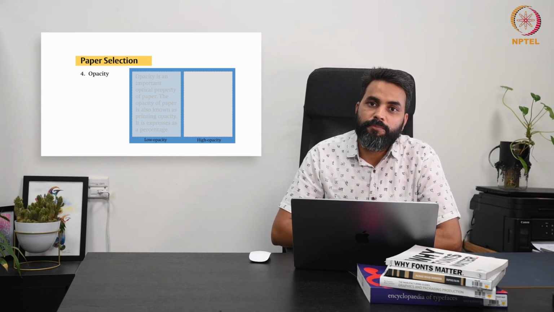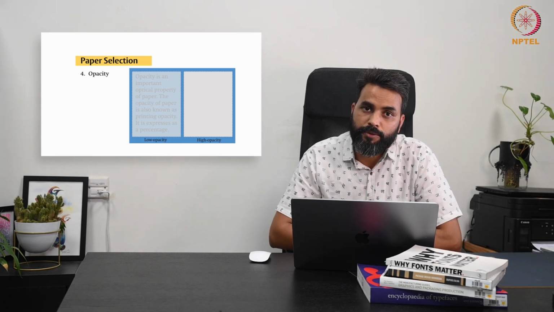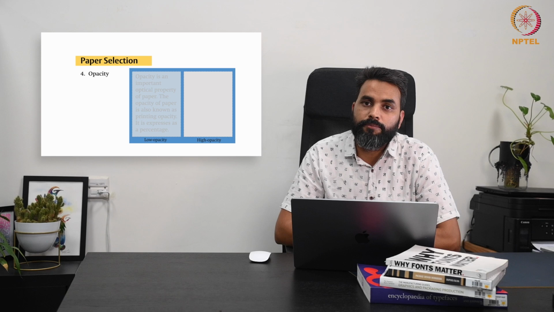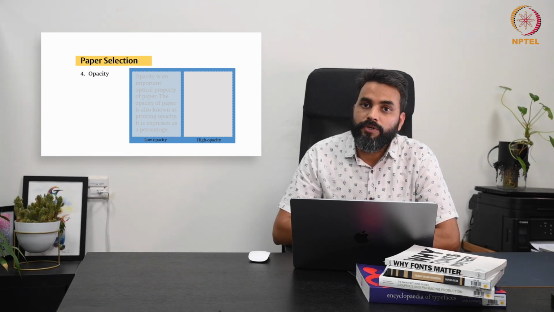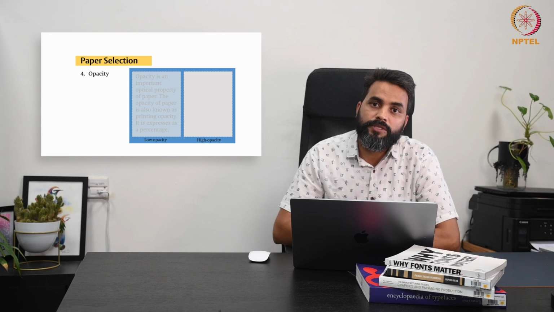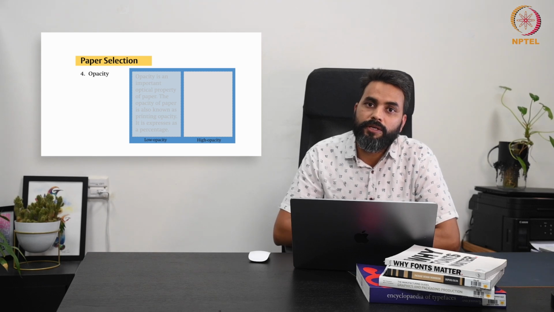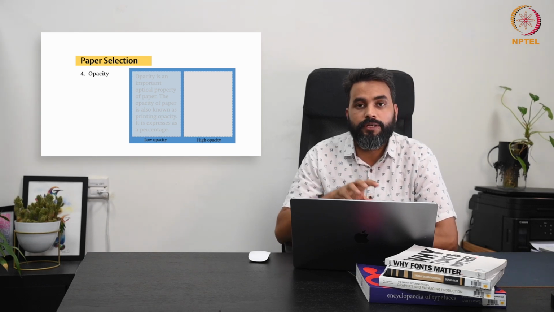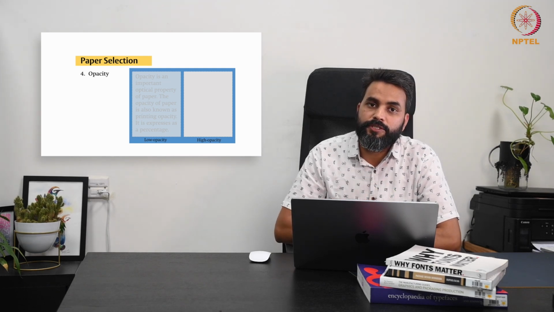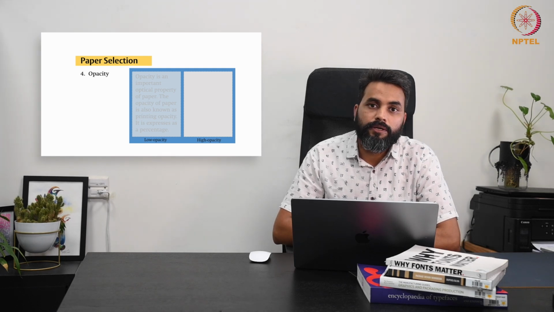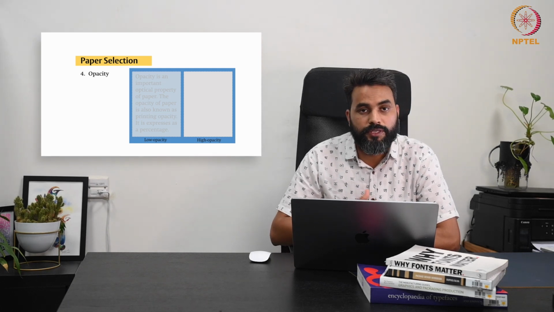So matching paper to printing technology is really important, because different printing methods interact with paper in very different and unique ways. Looking at the examples, offset printing works well with a variety of papers but requires a smoother surface for sharper details. Digital printing requires paper specifically designed to handle digital toner ink, and many times we use the better finish paper. In inkjet printing, absorbent papers are better for ink drying, reducing smudging.